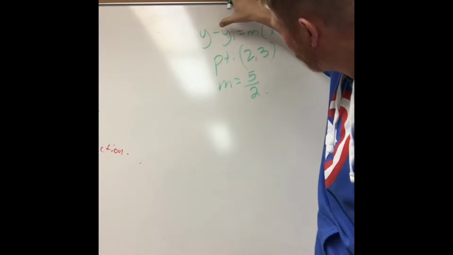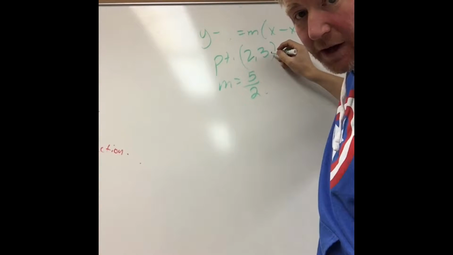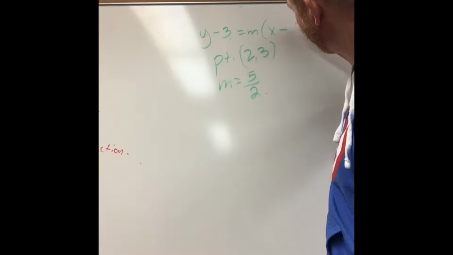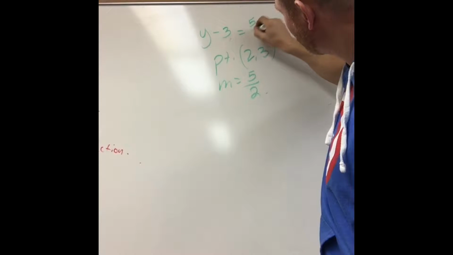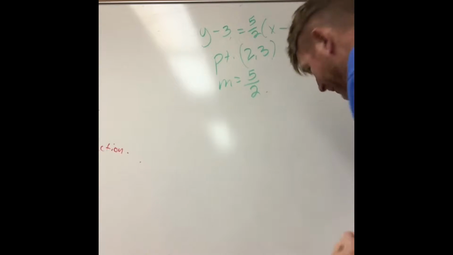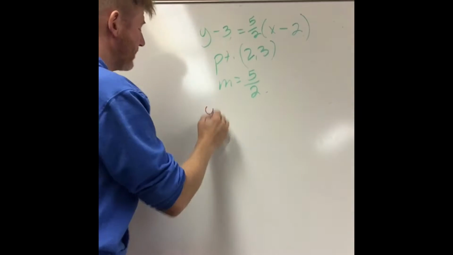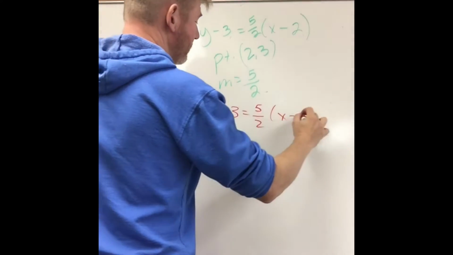So y1 is your first y value, which is 3, x1 is your first x value, which is 2, and your m is 5 over 2. So I'm going to rewrite this down here: y minus 3 equals 5 halves times x minus 2.